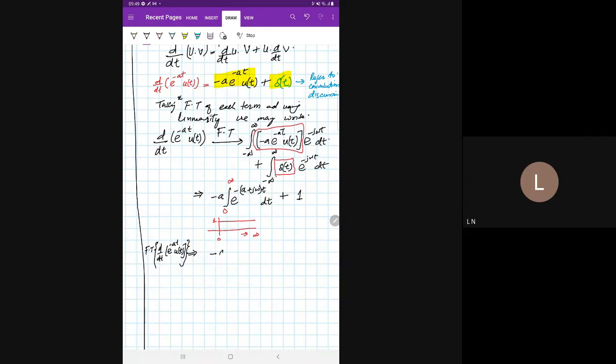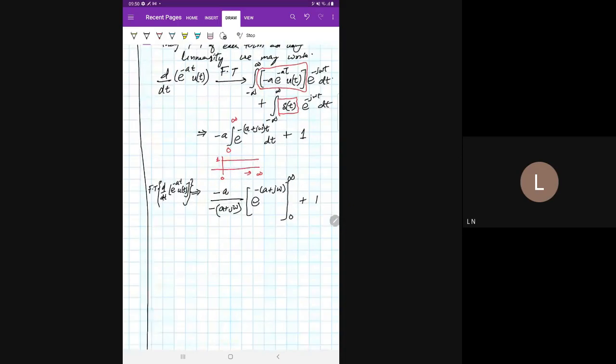So if I solve the integral, it will be equal to minus a divided by minus a plus j omega, and inside you have e raised to power minus a plus j omega t. Then applying limits from 0 to infinity, and then you have plus 1. Now see, you have a negative sign in the numerator and a negative sign in the denominator, and they will cancel out.